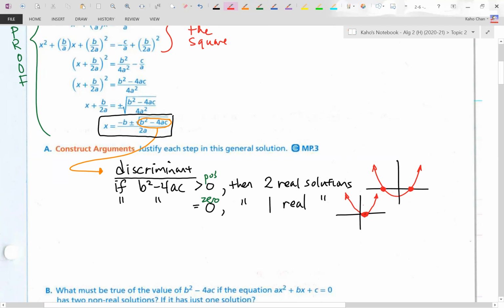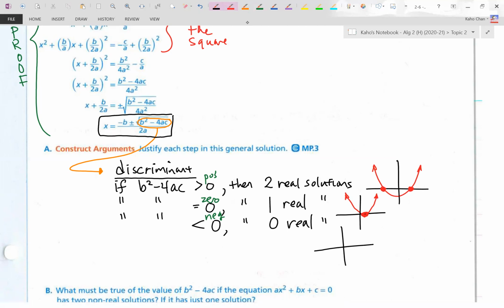And you already probably guessed what's the third scenario. What happens if you get a negative discriminant? Well, you'll get 0 real solutions, meaning this particular situation is a parabola that floats above the x-axis or below the x-axis, but never crosses it.